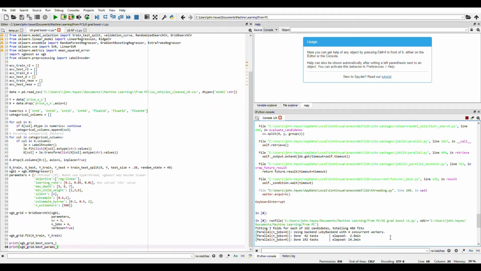Machine learning algorithms were initially run without hyperparameter tuning. However, after further research, it was decided that any opportunity to improve accuracy of these algorithms should be taken. So here we see the hyperparameter tuning taking place on the American dataset for a gradient boost algorithm. We've made a bunch of parameters to be run.